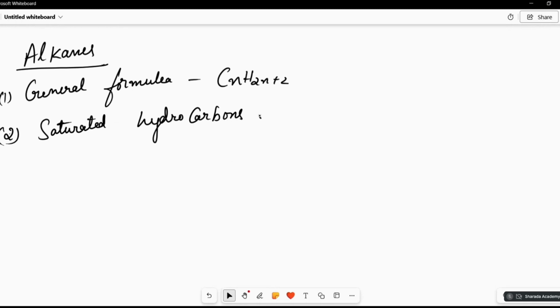First, we'll just do this so that you will understand. Then we will do cyclic compounds. So, alkanes. General formula is CnH2n plus 2. It is a saturated hydrocarbon. So, first one we studied was methane.